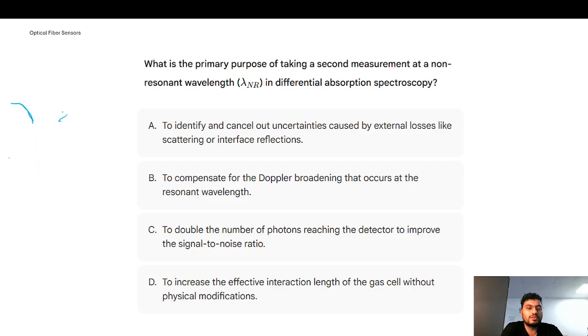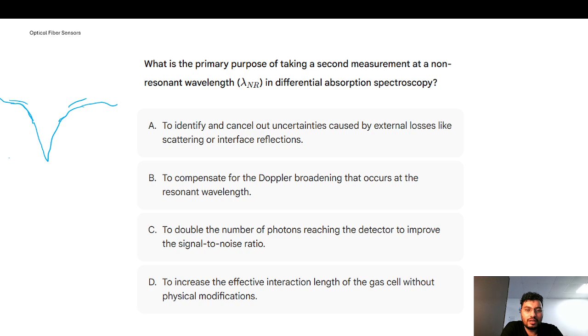So you must be having something like this. So this region and this region, because of that, this non-resonant wavelength is used in differential absorption spectroscopy. So what is the correct answer here?